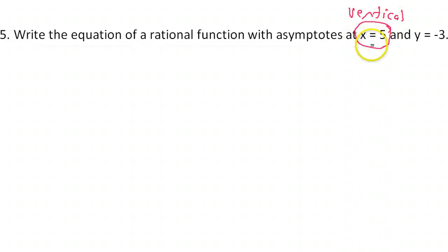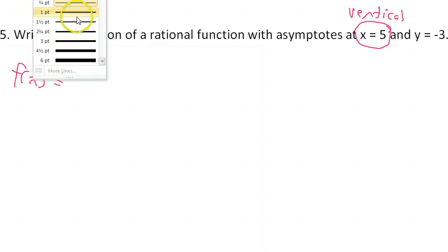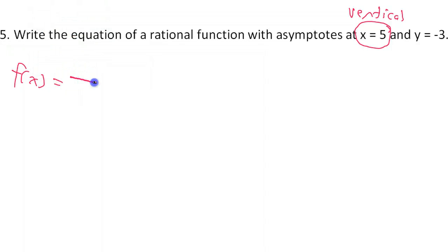If we're going to have a vertical asymptote at 5, then we need the asymptote, which normally is at 0, to be shifted over to 5. So we need this to be shifted 5 to the right, so that the new vertical asymptote will be 5.